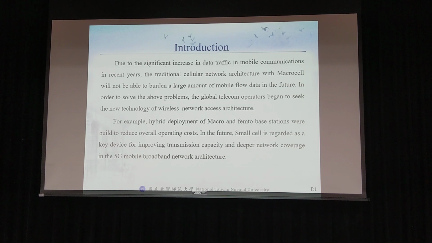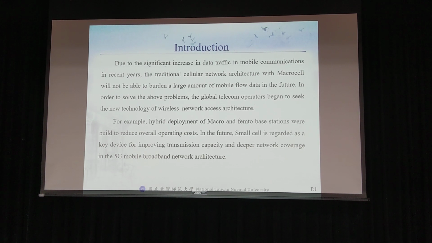And for the introduction, due to the significant increase in data traffic in mobile communication in recent years, the traditional serial network architecture with macrocells will not be able to bear a large amount of mobile flow data in the future. In order to solve the above problems, global telecom operators began to seek new techniques for wireless network access architecture.